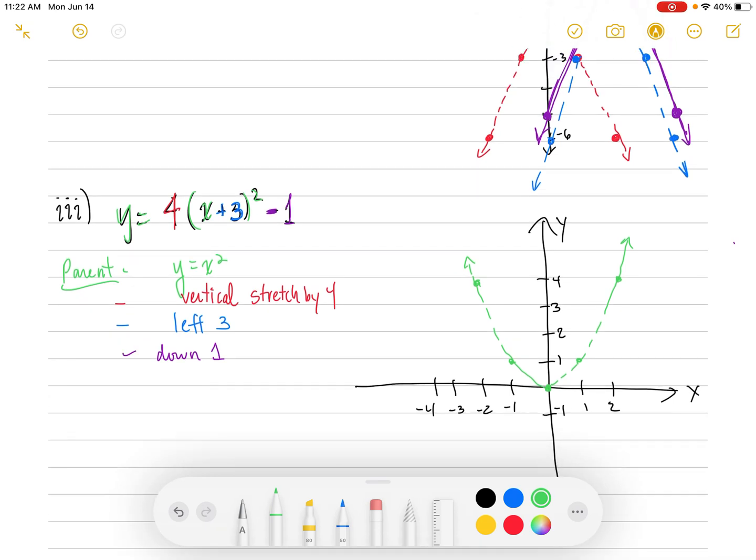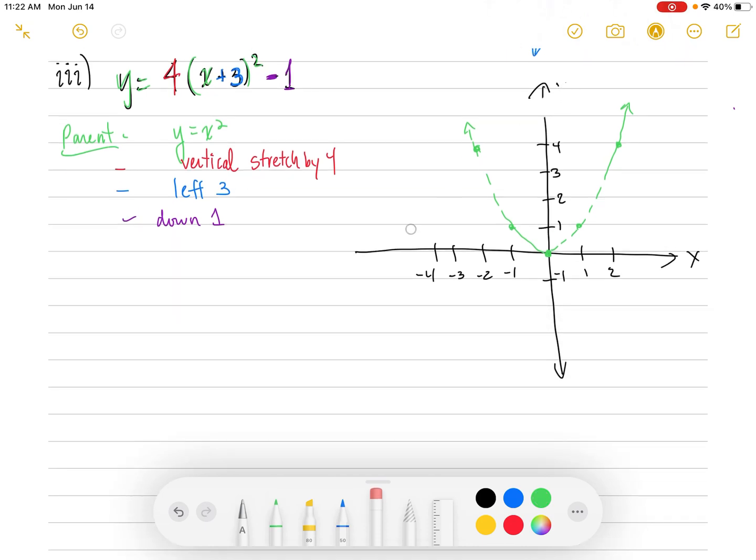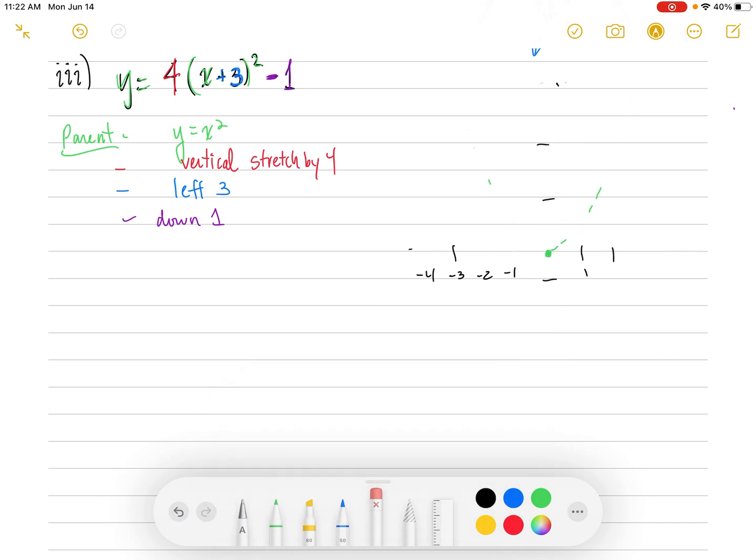Okay, so the first thing we're going to do, we're going to vertically stretch everything by 4. So that means we're going to have to multiply the y value by 4. And I did not leave myself enough space, so I am in big trouble. Okay, so let's redo this.